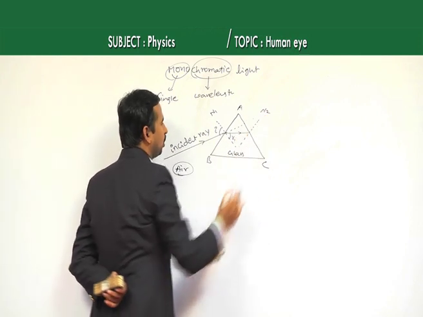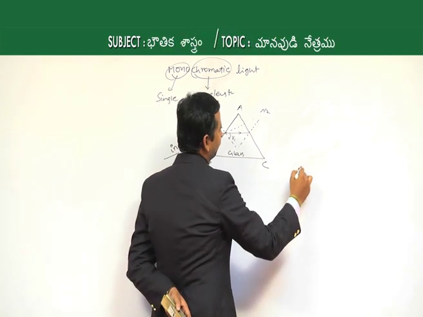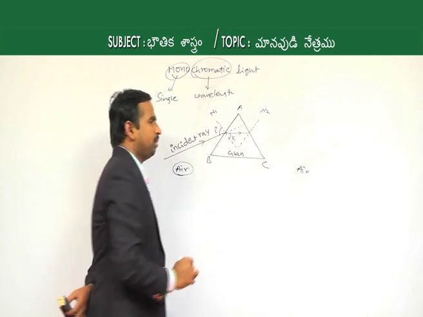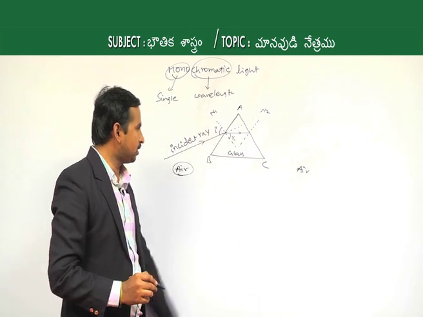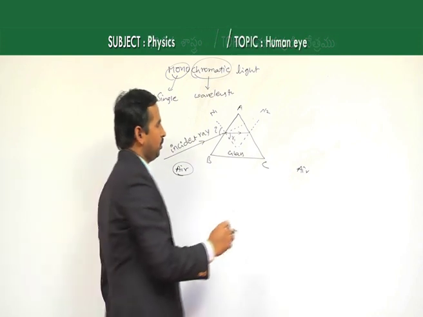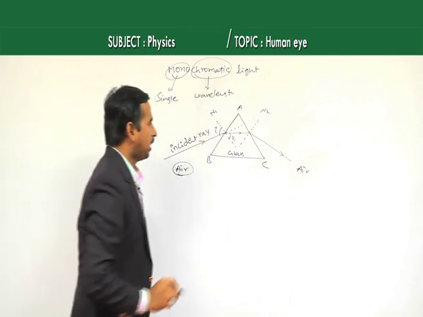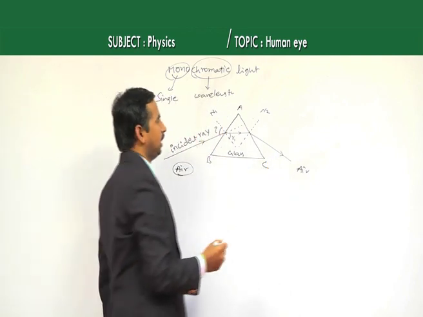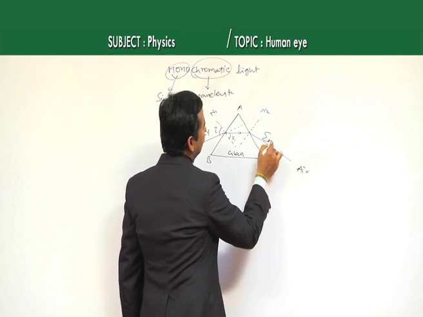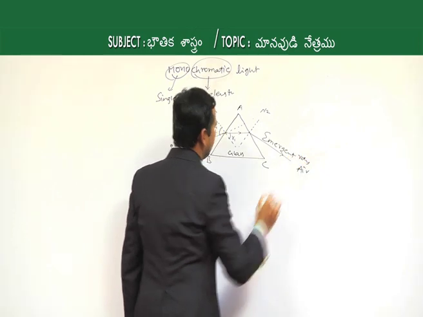Now, as the light ray is coming from glass back to the air, from denser to rarer medium, it bends away from the normal. The light ray coming outside finally is called the emergent ray.